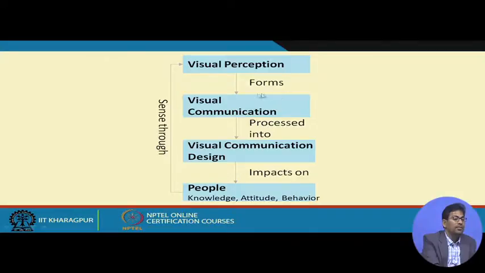And then when visual communication is processed in some fashion, it leads to visual communication design. In other words, visual communication is a particular media domain where the communication is taking place, but whenever we are structuring it, architecting it, giving a shape to this visual communication in particular designed forms, it becomes visual communication design.